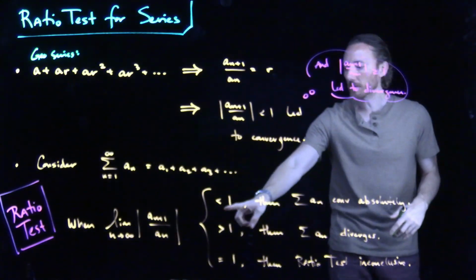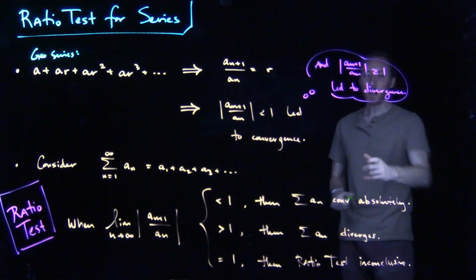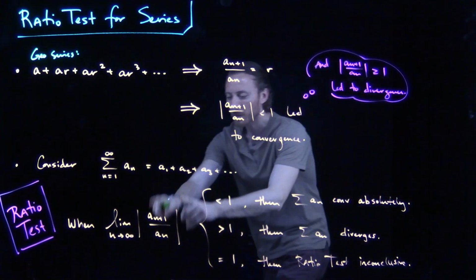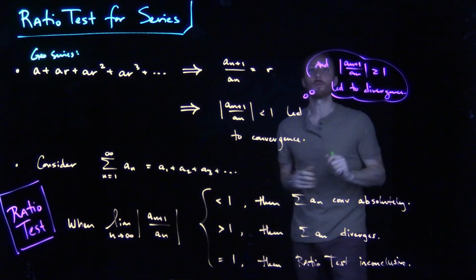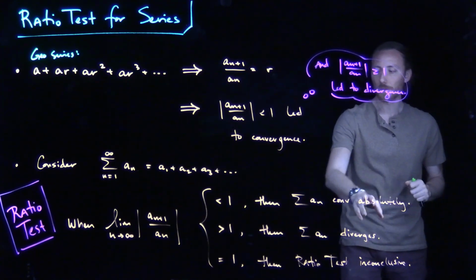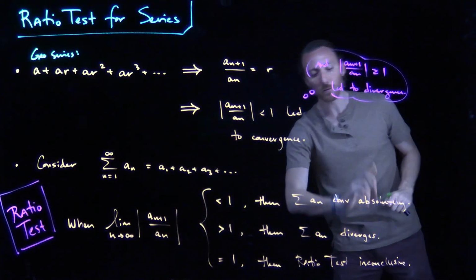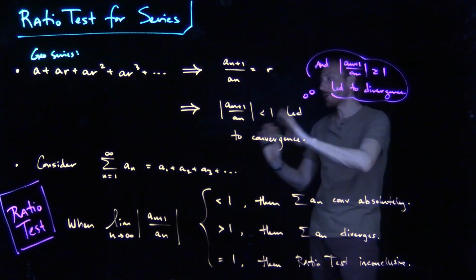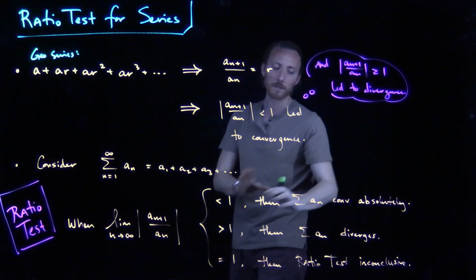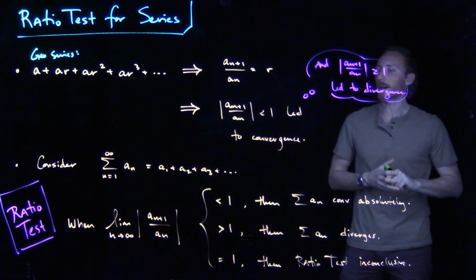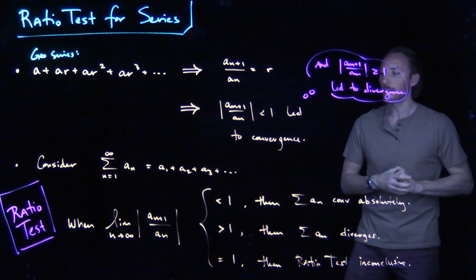And geometric series with common ratios less than 1 will converge. In fact, they converge absolutely. The absolute values are a piece of the puzzle here. I'm not going to go through the proof of this, but the fact that the absolute values are here is why we get absolute convergence. You can actually do a corresponding version of the ratio test without absolute values and not get absolute convergence, but we're not going to worry about that because it really doesn't help us out any.